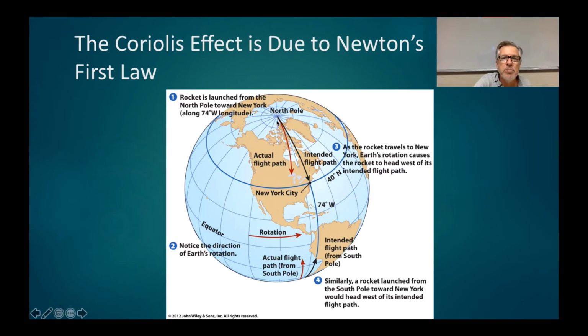The rocket's moving this way, but the Earth is moving this way, right? You can see this arrow here. And that means that as it moves, it's getting over Earth that has a faster and faster orthogonal, meaning at a right angle, velocity. Now let's stop and look at that for a second.